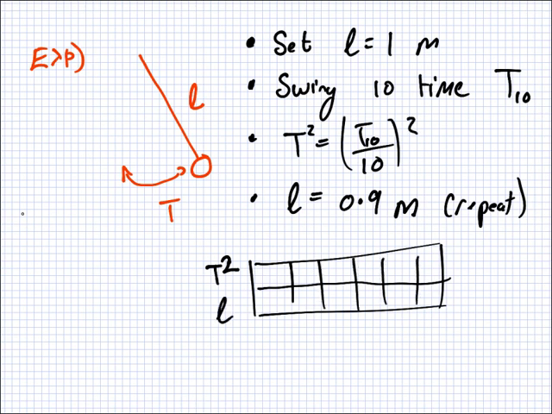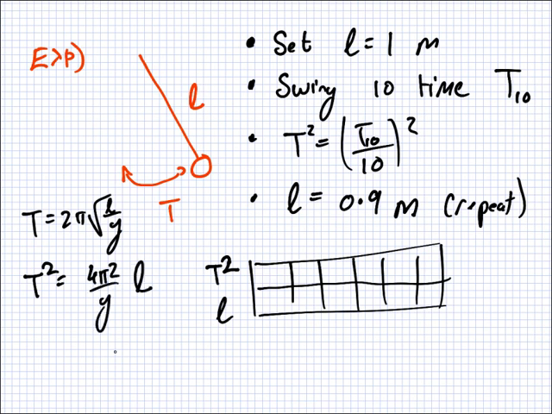The reason for that is in the formula t equals 2 pi root L over g, you can change that into t squared equals 4 pi squared over g times L. If you plot this, where you put L on the x and t squared on the y, can you see how this is a little bit like y equals mx? Because the t squared you're putting on the y-axis, the L you're putting on the x-axis.